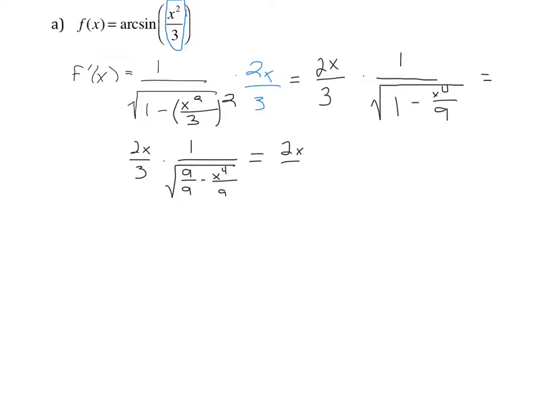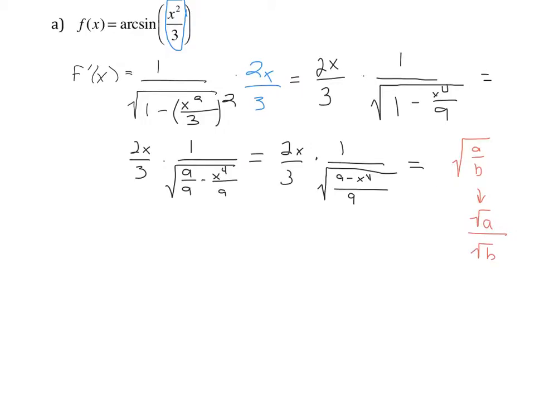Let's get a common denominator. And so we'll have the square root of 9 minus x to the 4th, all over 9. Then I'm going to use a property of radicals that says the square root of a over b can be rewritten as the square root of a over the square root of b.